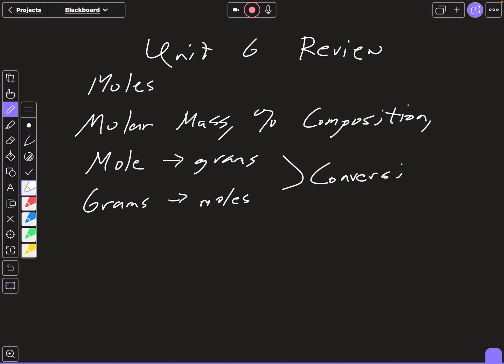So those are the three major types of problems that we've covered, and then there'll be a few other questions regarding moles and things that we covered in this unit.